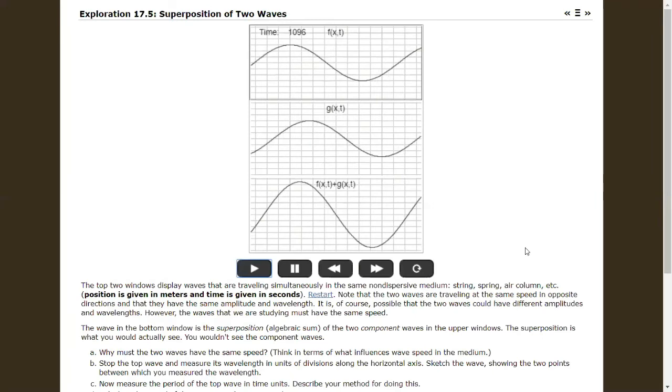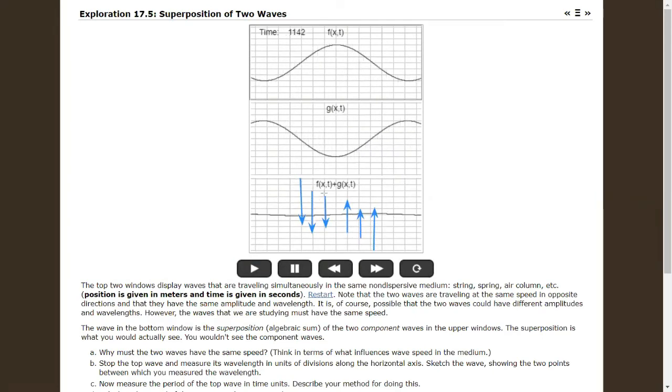In order to understand this point, let us see this animation. The blue arrows here indicate the direction of motion of the particle. Now we will say that this is the crest of this wave and this is the trough of this wave.